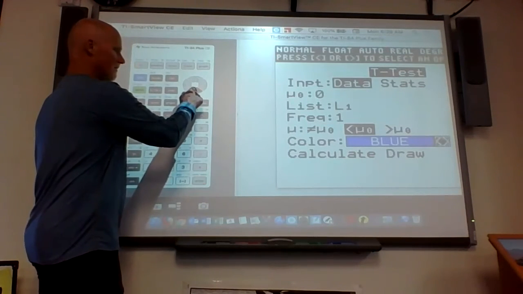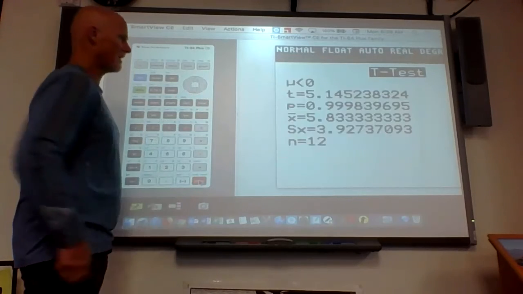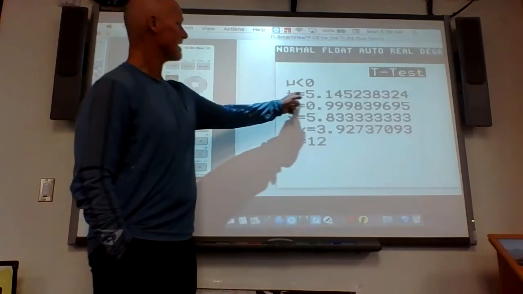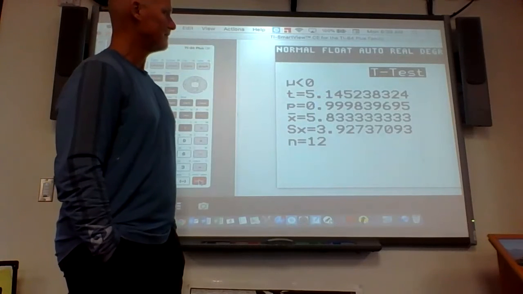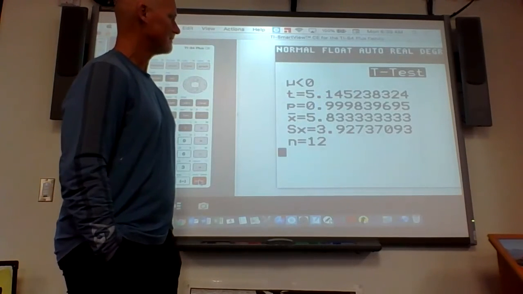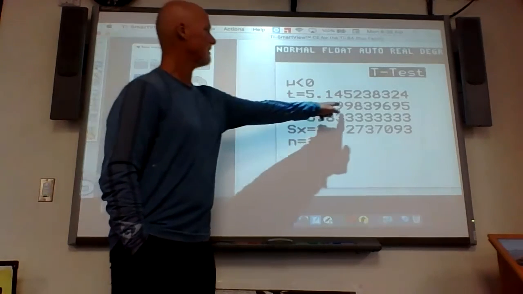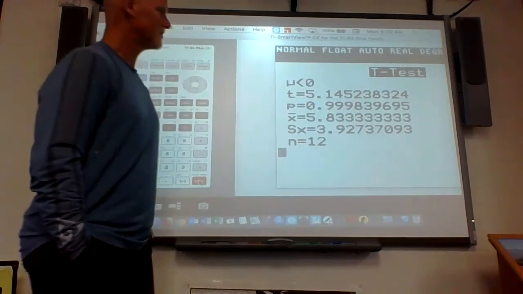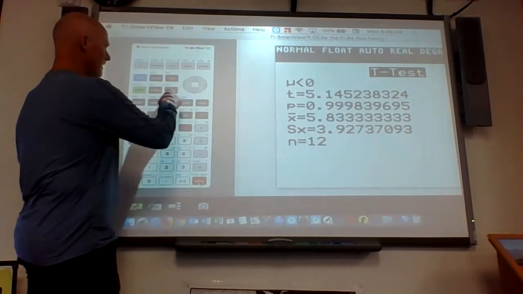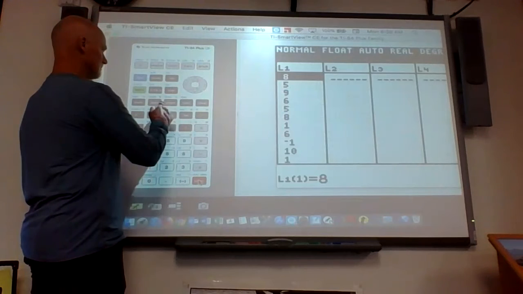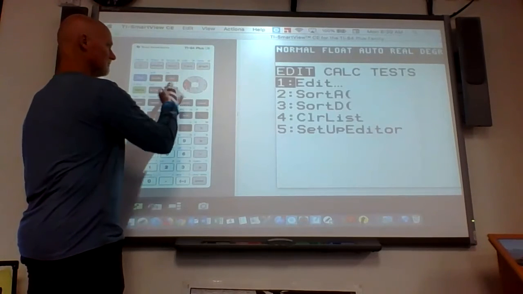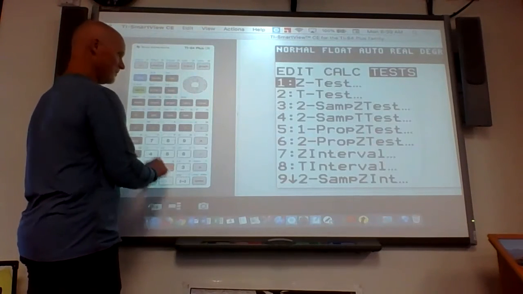And so we're going to calculate, and there's our T, that's our test statistic, pretty high one, 5.20. And this would not be correct, I would have chosen the wrong p-value on that. So number 2.